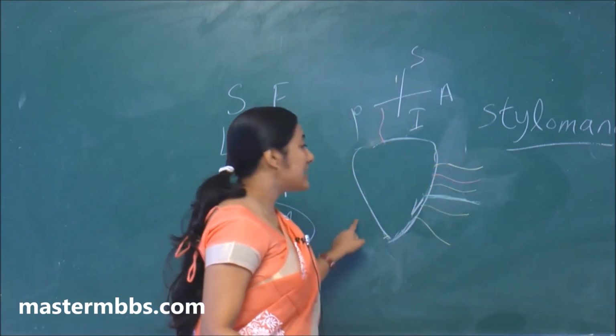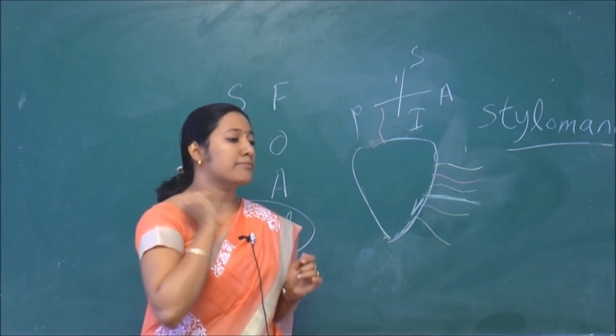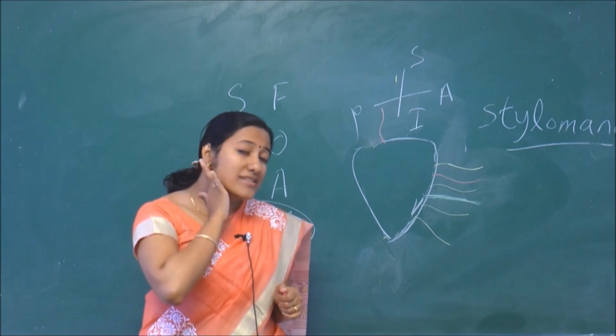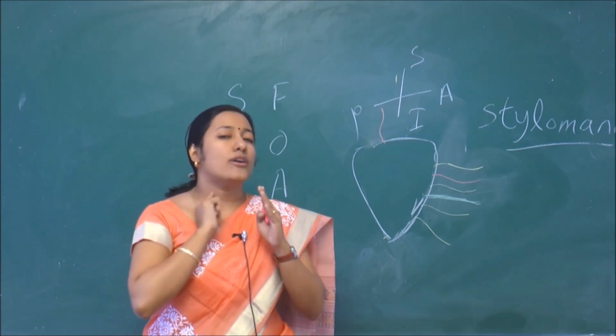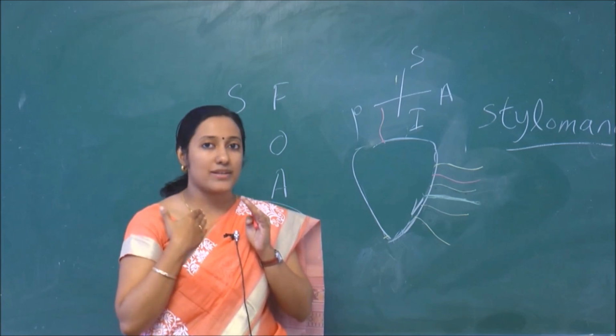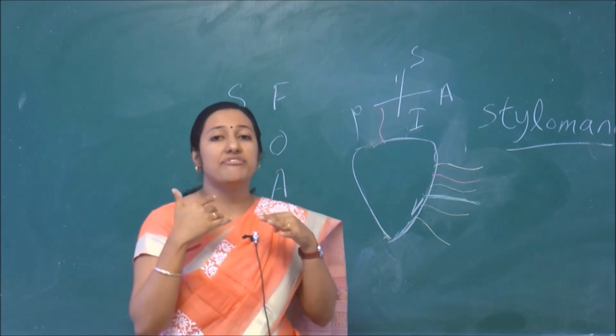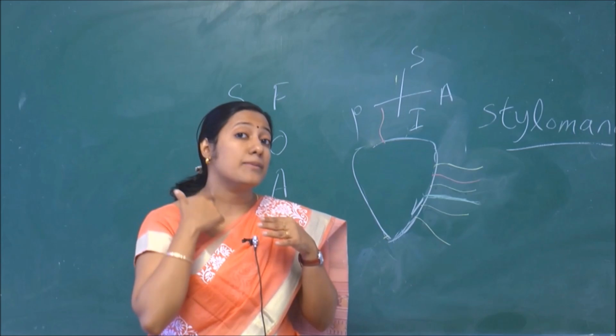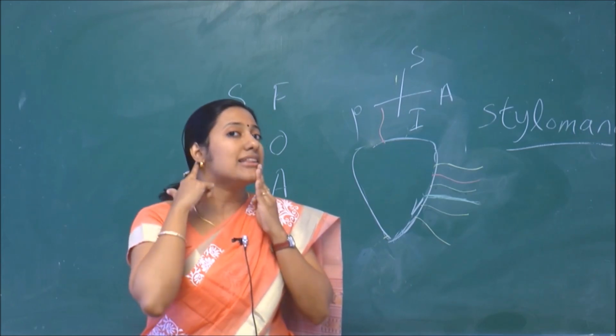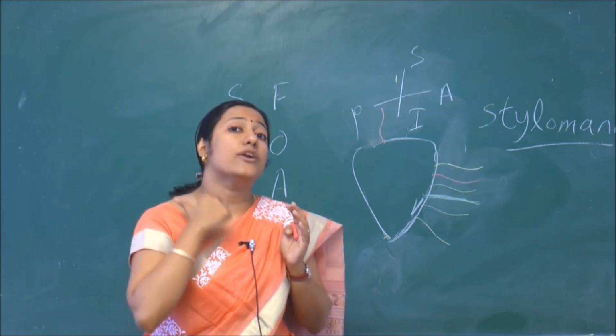Coming to the posterior border. This is the posterior border. This posterior border is resting on the muscle in the posterior aspect. So in the various triangles of neck, the posterior boundary forming muscle is nothing but our sternocleidomastoid.